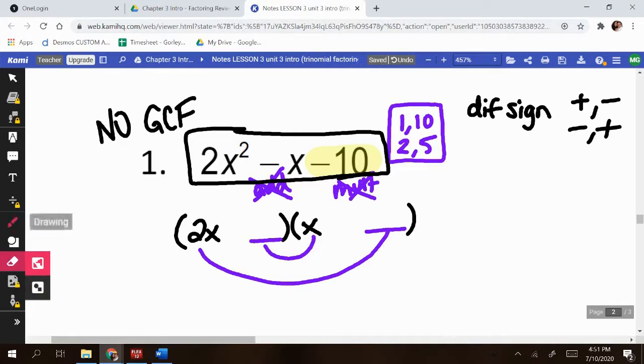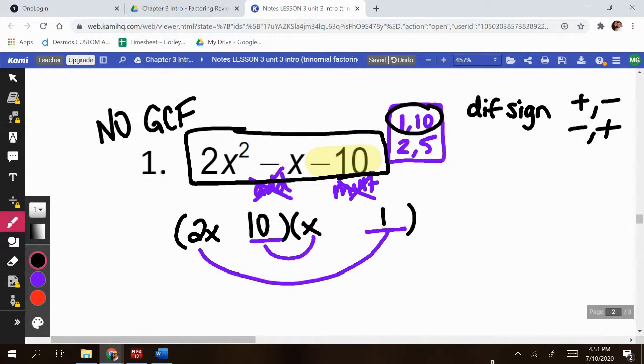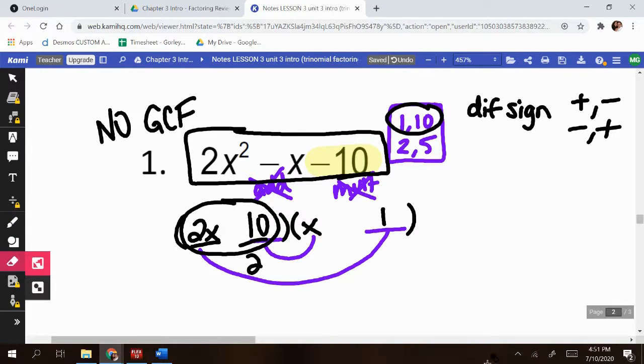No. So, for example, let's say I use 1 and 10 and I put 10 here. Is there a GCF now in this expression? 2x plus or minus 10. Yeah, see how there would be a GCF of 2? Both of these terms would be divisible by 2. That's never going to happen. If there's no GCF in the original expression, there should be no GCF in one of the parentheses.